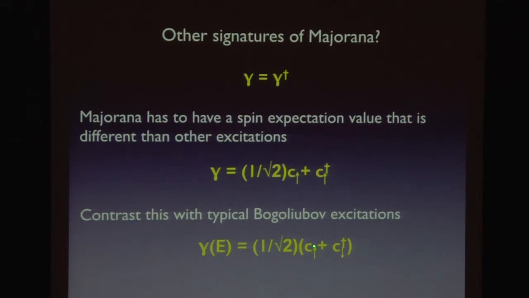And you contrast this to what happens to the normal type of particles that live inside the superconducting gap. They are made out of electrons and holes, just like we talked about, but they are made out of different spin index in time reverse states. And this is very different for a Majorana. So this is what we are right now working on, motivated by some experiments with spin polarized measurement.